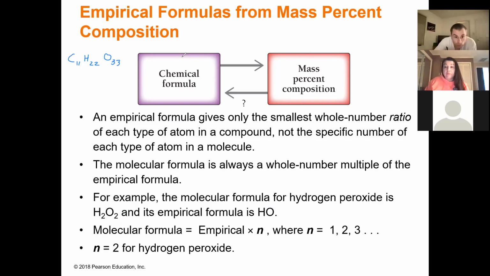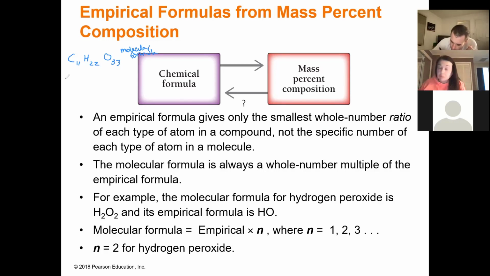Is it the lowest possible ratio? No. So we're going to classify this thing as a molecular formula. That means that this is what it really looks like if we were to examine it. It's really going to be 11 carbons, 22 hydrogens, and 33 oxygens.